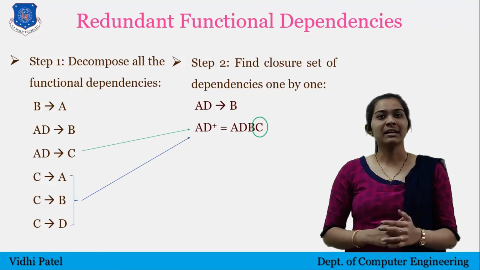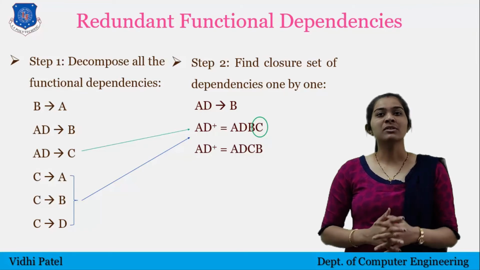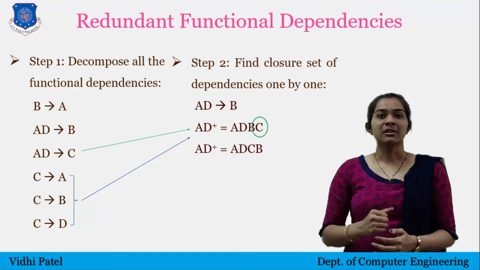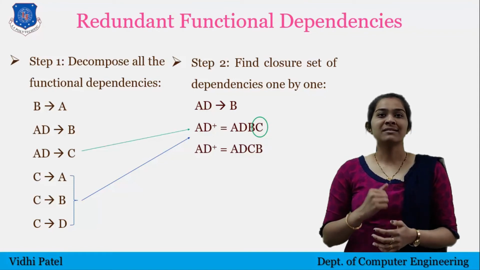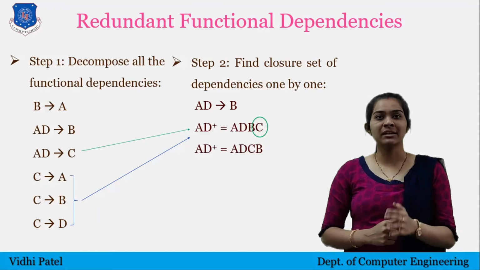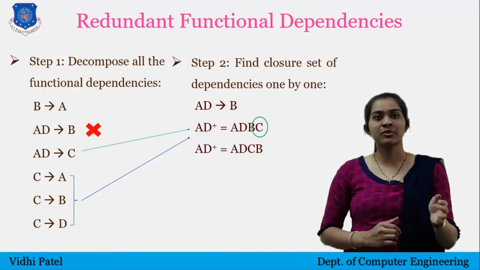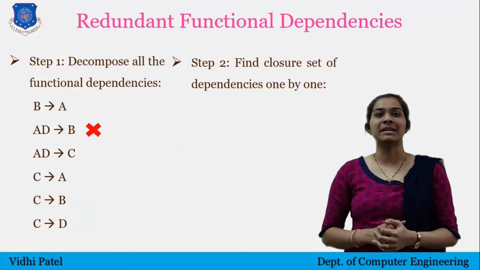We get A, D, C, and from C, we get A, B and D. We include only B because A and D are already present in the closure set. Here, order of attributes does not matter. We get the same attributes without the AD determines B dependency, so it is redundant. So we exclude it.